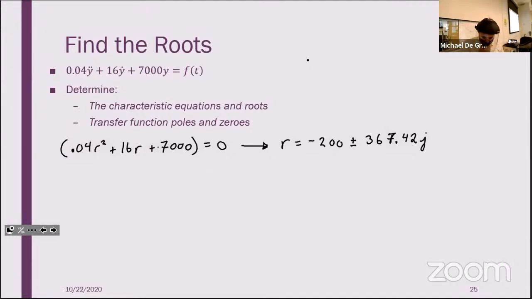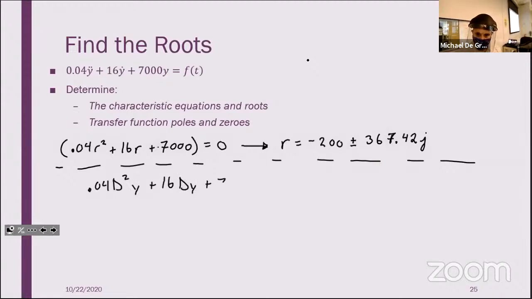Right? What's the transfer function, poles, and zeros? Well, I didn't get the transfer function, but I know the poles already, right? Because I just told you that the poles are the roots of the characteristic equation. But if you didn't believe me, and we wanted to do the transfer function anyway, I'll do my D operator business here.